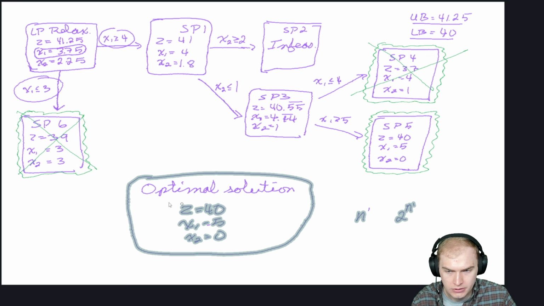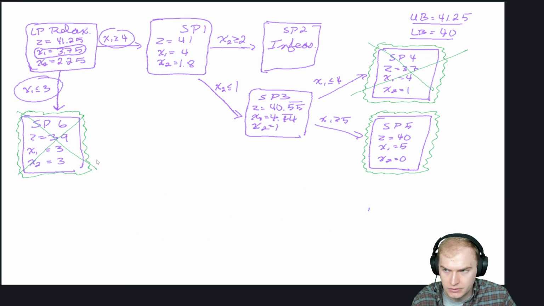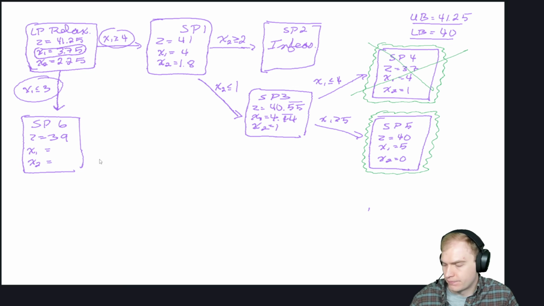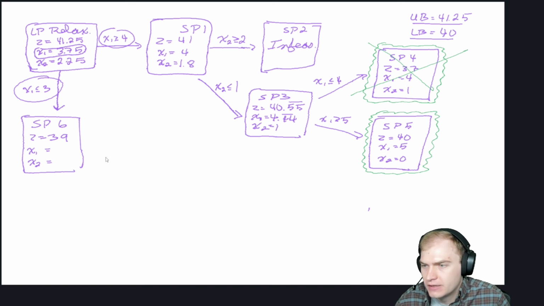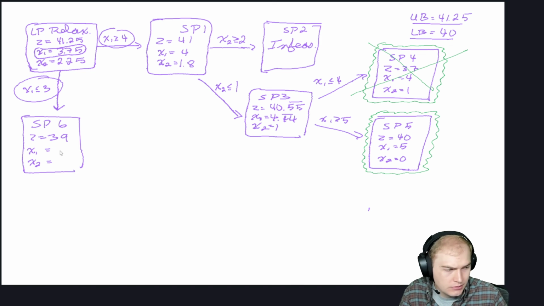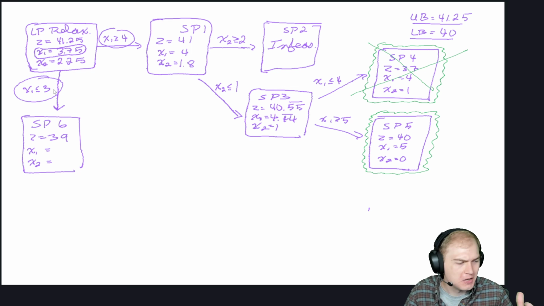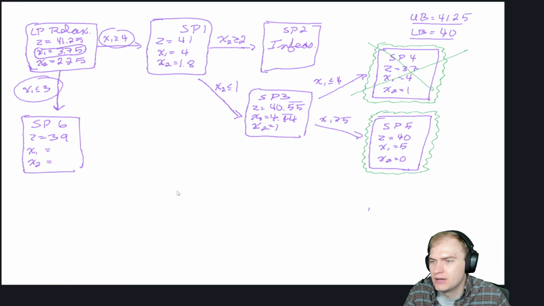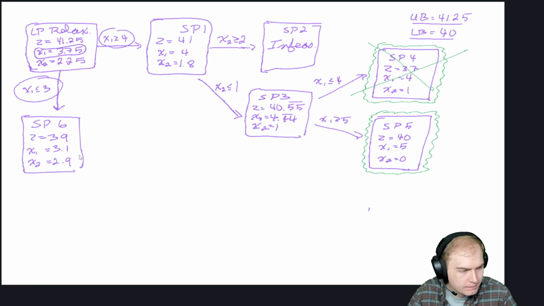Suppose we were here again, and we found a different solution. We had a slightly different LP somehow, and this branch gave us 3.1, 2.9, something like that. Something decimal.